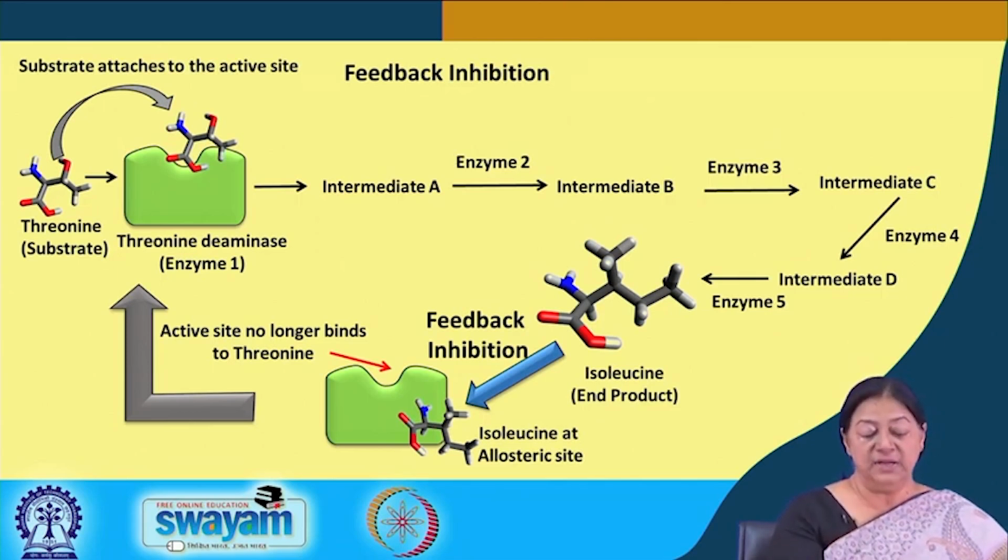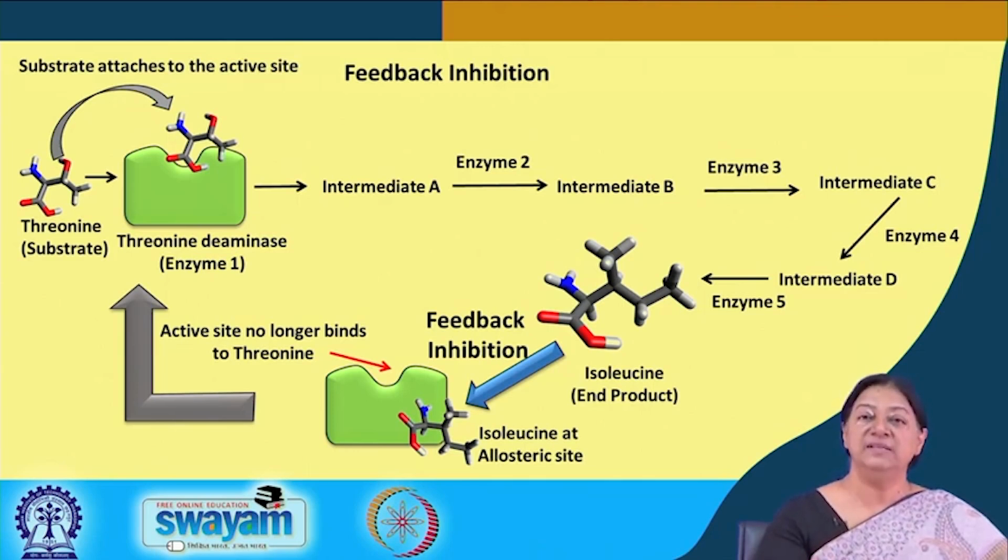The active site no longer binds threonine because isoleucine comes and sits in the enzyme. Because there is sufficient isoleucine present, it does not need to be formed anymore. So, it prevents its own formation by not allowing threonine to bind to it.